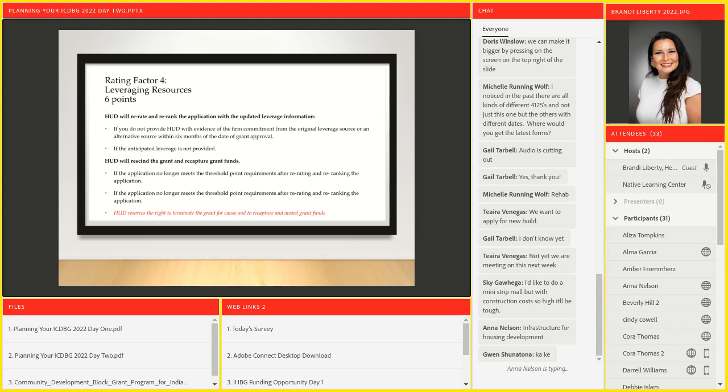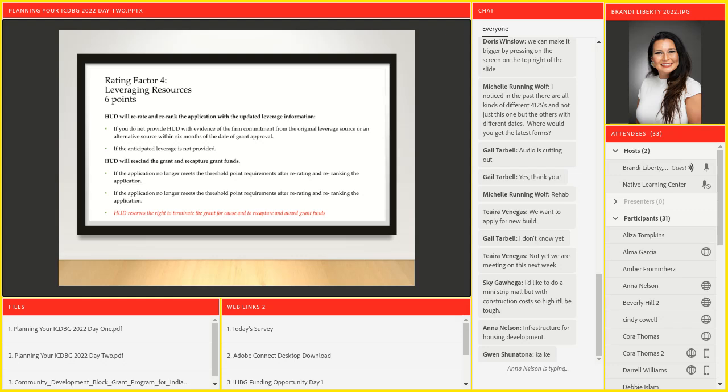Keep in mind that HUD will re-rate and re-rank any application with the updated leverage information. If you do not provide HUD with evidence of that firm commitment from the original leverage source or an alternative source within 6 months of the date of grant approval, or if the anticipated leverage is not provided, you do have a risk of losing funds.